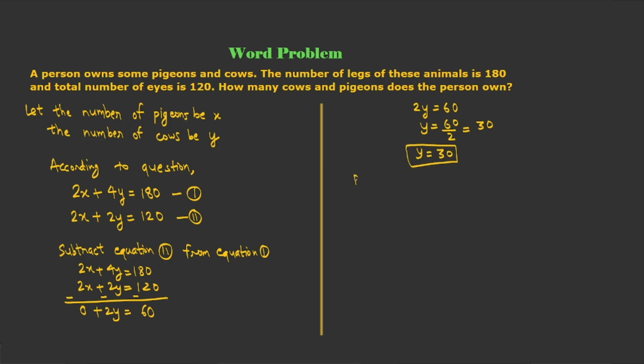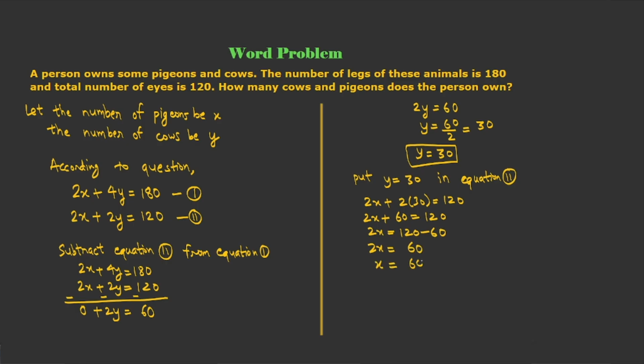Now put y equals 30 in any of the equations. Let's say take equation 2. So 2x plus 2 into 30 equals 120. 2x plus 60 equals 120. 2x will be 120 minus 60. 2x equals 60.